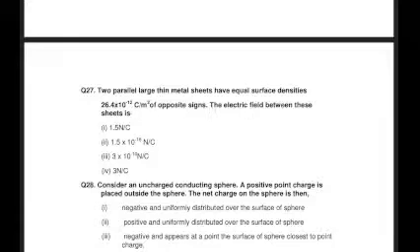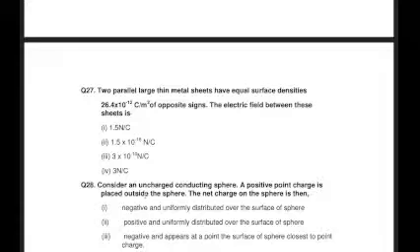The electric field between these sheets is: 1. 1.5 N/C. 2. 1.5 × 10^-16 N/C. 3. 3 × 10^-10 N/C. 4. 3 N/C. Correct. The answer is option 4, 3 N/C.